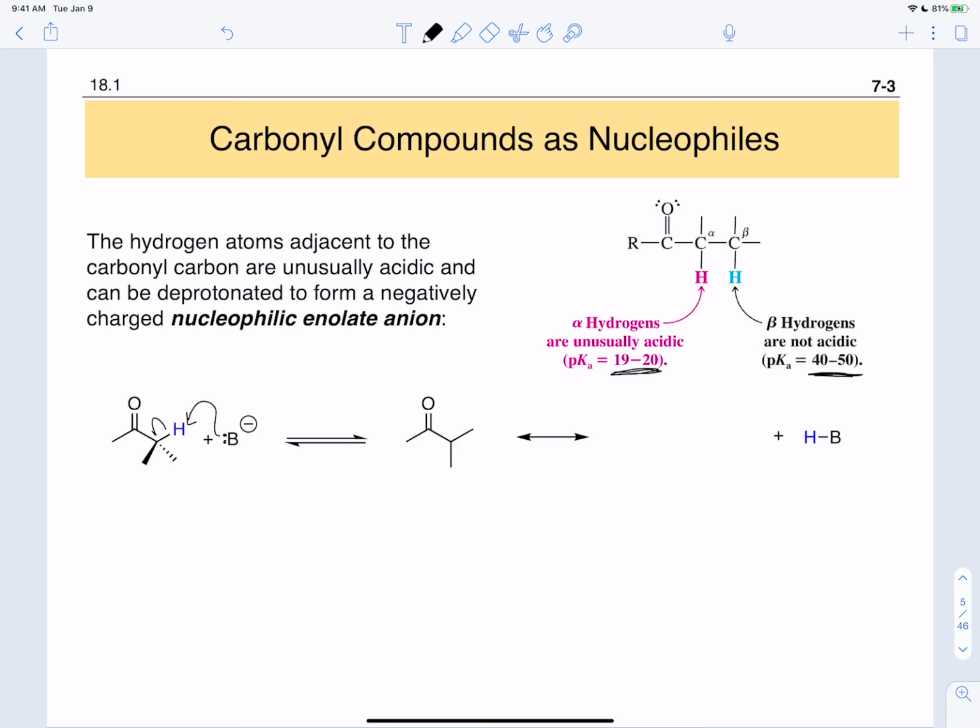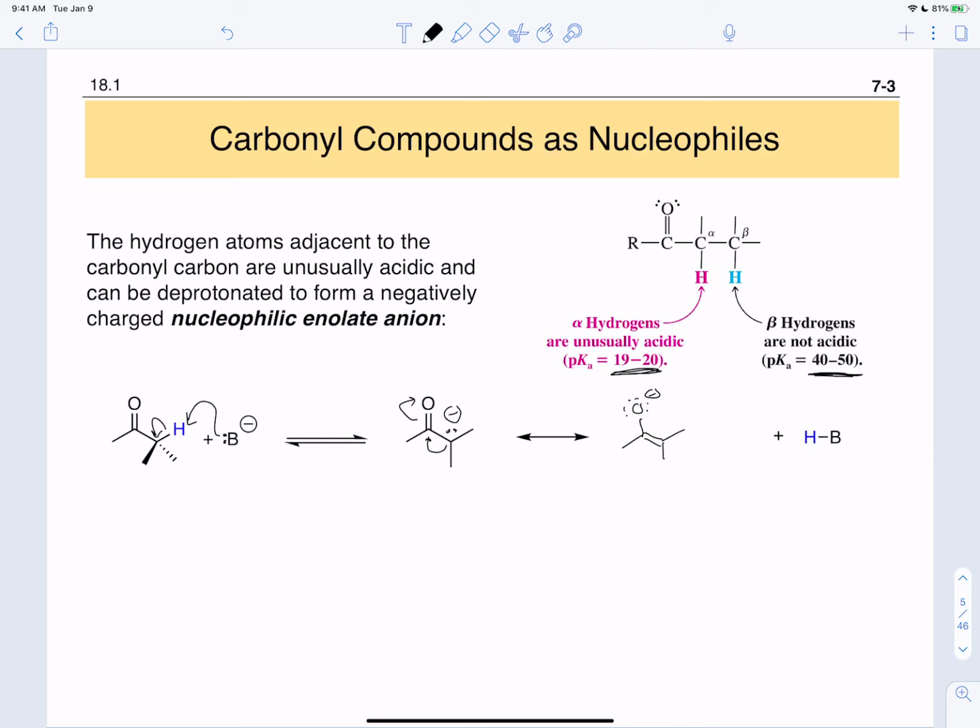But if we add the appropriate base, we can see why these are relatively acidic. It's because if we deprotonate this hydrogen, we can make an enolate, and this enolate has a resonance structure where we can put this negative charge on the oxygen. So this explains the peculiar acidity of these CH bonds, because really the conjugate base is well stabilized, both by resonance and by putting the negative charge on a more electronegative atom.